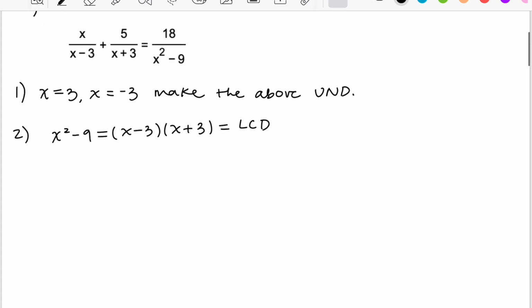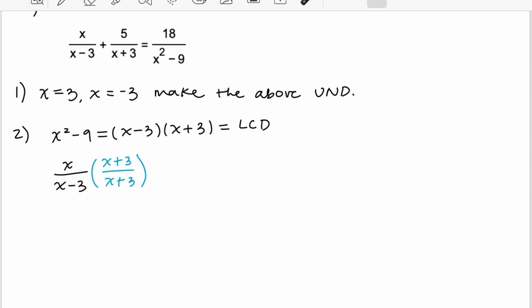So what we're going to do then, and we'll show this, we have x over x minus 3, and then we have 5 over x plus 3. If we wanted to add these together, we would first have to multiply this side by x plus 3 over x plus 3, because our least common denominator is the product of these two.